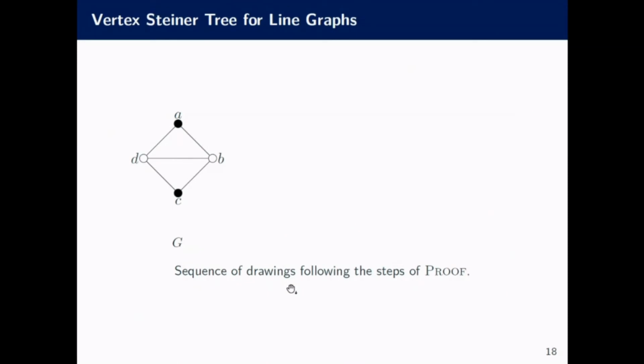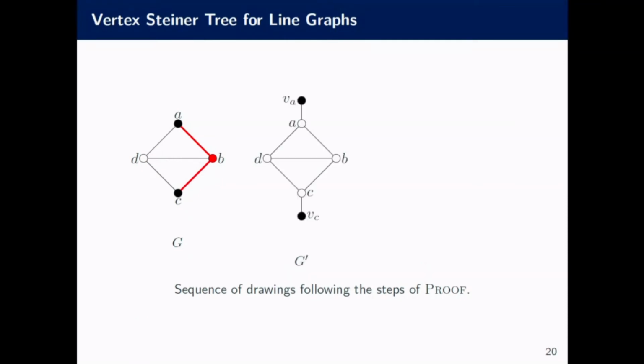So to explain what I'm talking about, let's see a drawing. We start with this diamond, and we have the Steiner tree here in red. In the same way, we construct G prime.